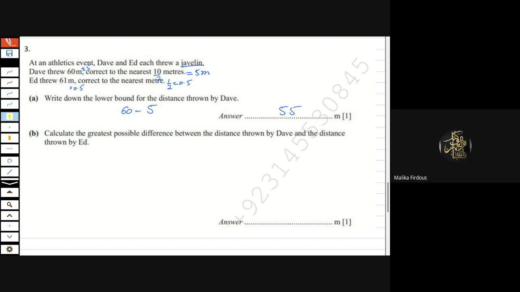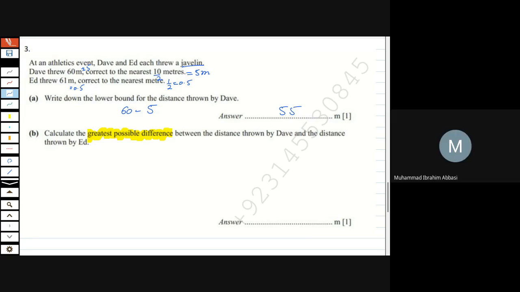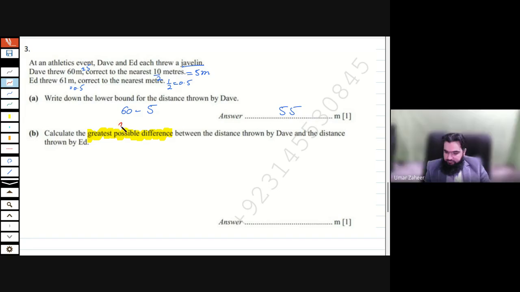In the next one, he says calculate the greatest possible difference. What does it mean by greatest possible difference? Upper bound. We need to find the upper bound of the difference between the distance thrown by Dave and the distance thrown by Eddie.